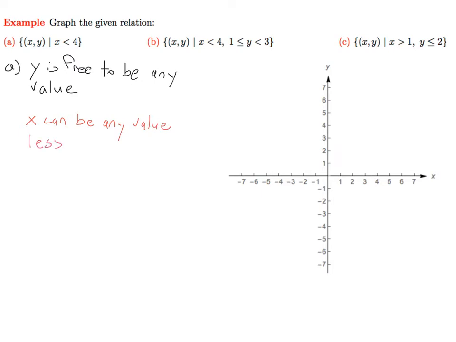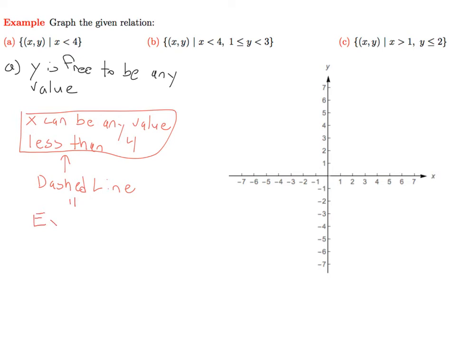strictly less than 4. And so if we want to plot this, because x cannot equal 4, we're going to indicate this with a dashed line. So dashed line means exclude values on that line.